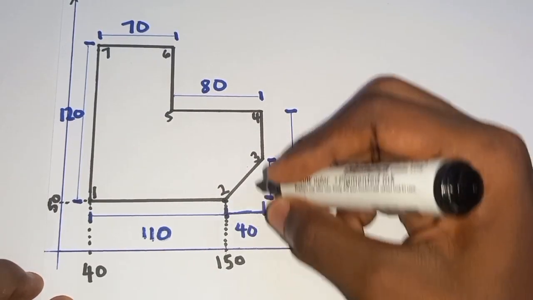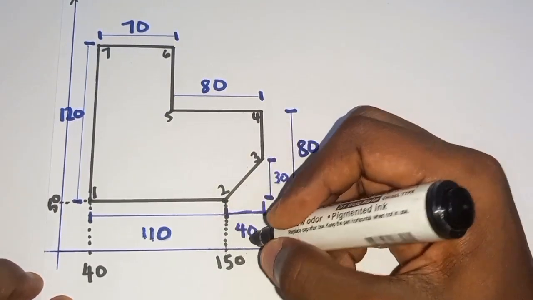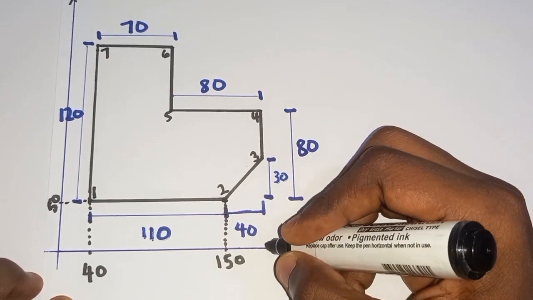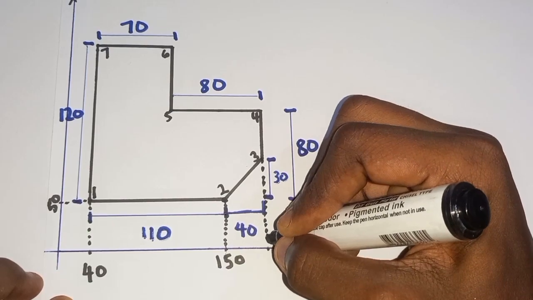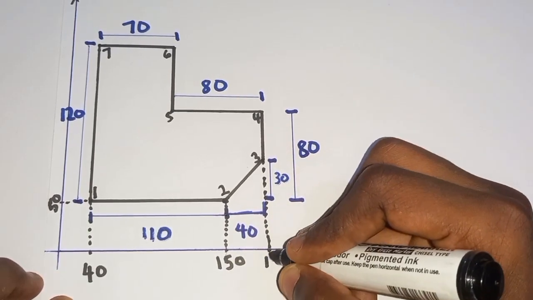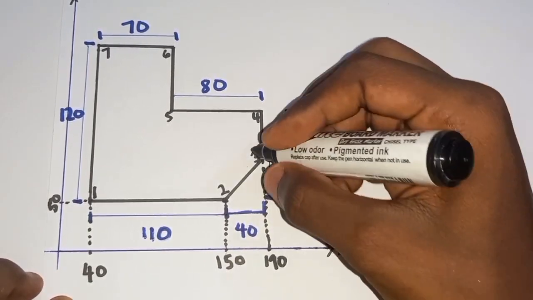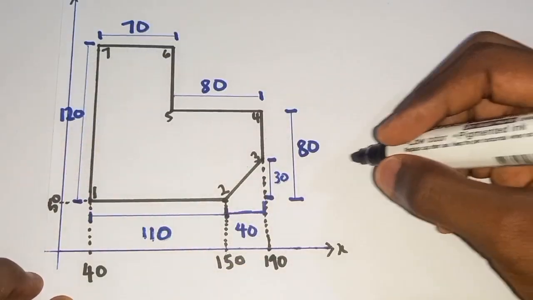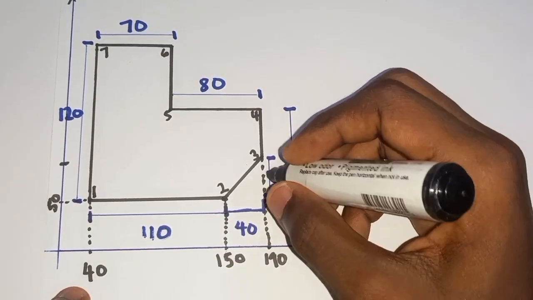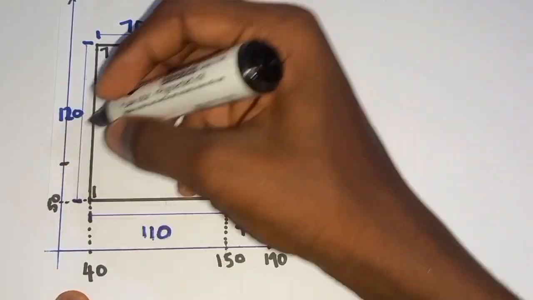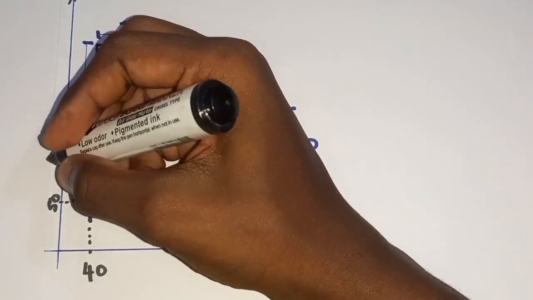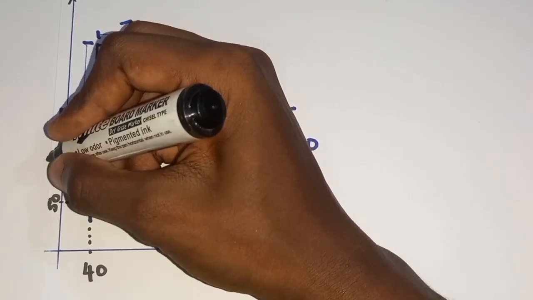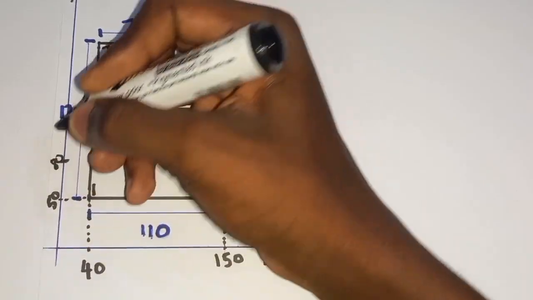The 3 is we add 40 to the x, that's 190. What's for the y axis? So on the y axis, this is plus 30. 50 plus 30, so this one you have it to be 80. So we have 80 at this point.